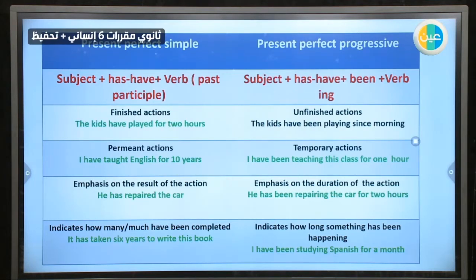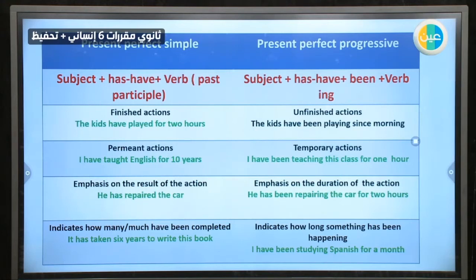Then the verb in the past participle. Past participle, like see, saw, seen. This is the past participle. Okay, this is the present perfect simple. It's simple, just has and have, then the verb in the past participle.